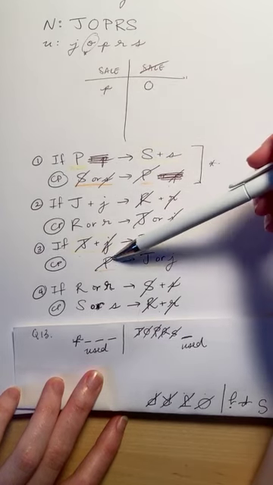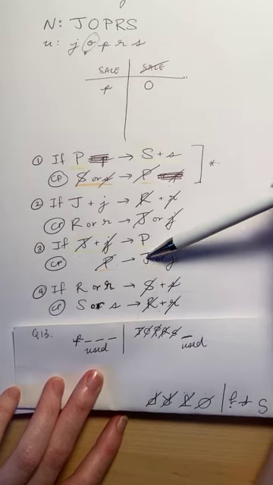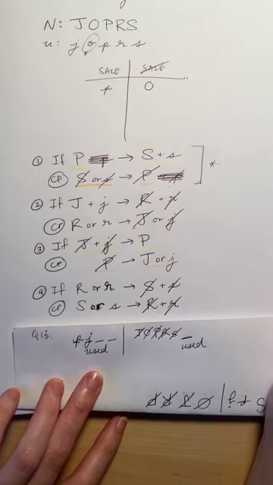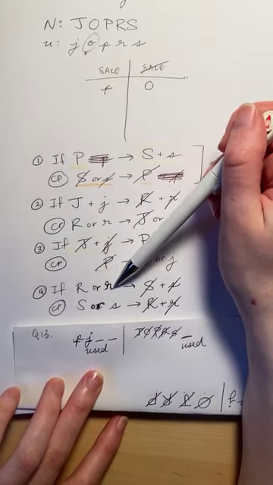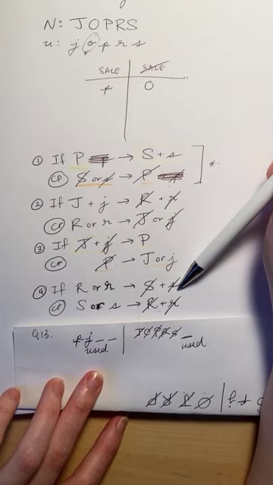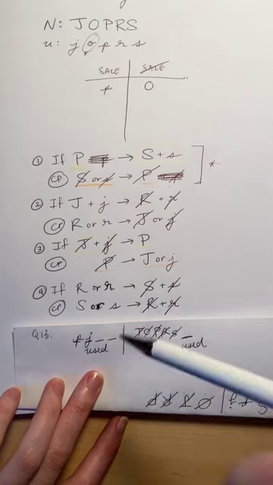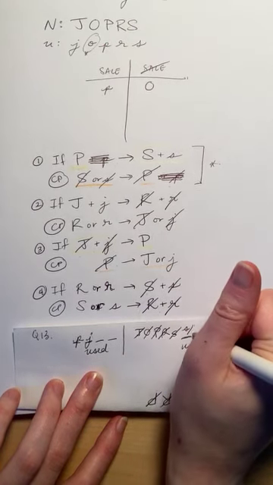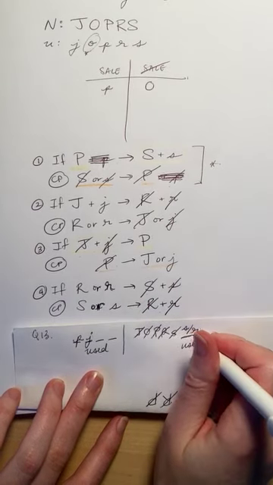If we have big P out, that means that we have to have one of these 2. We can't have big J, so we're going to have little j. So little j is definitely in. If we put little r in, little s is definitely out. If we put little s in, little r is definitely out. So we can't have both of them, which means that one of those is going to be in the out group.